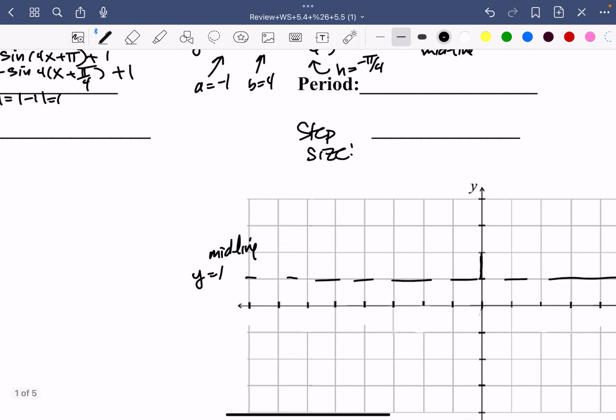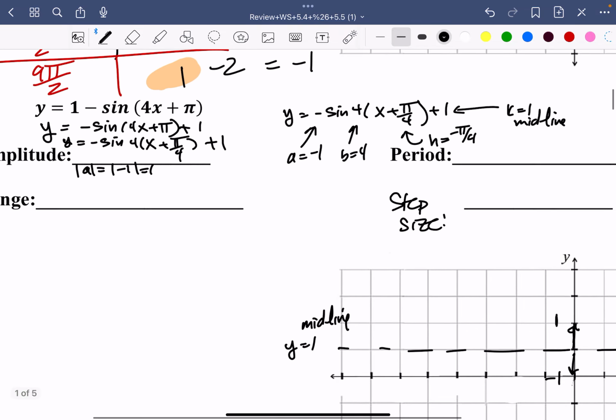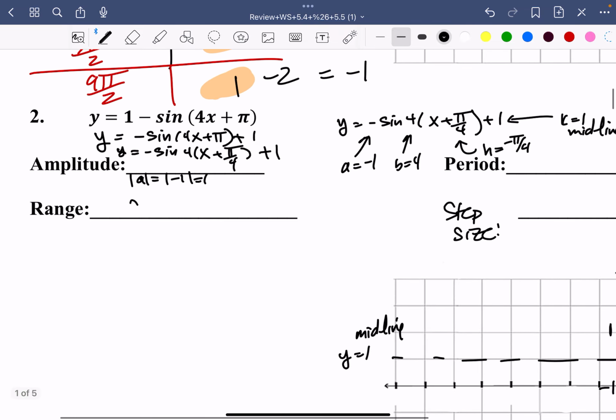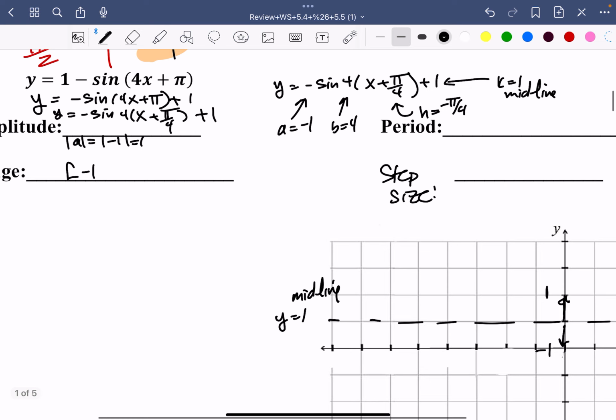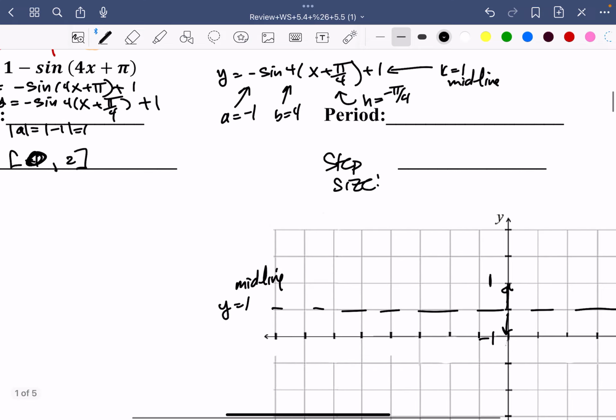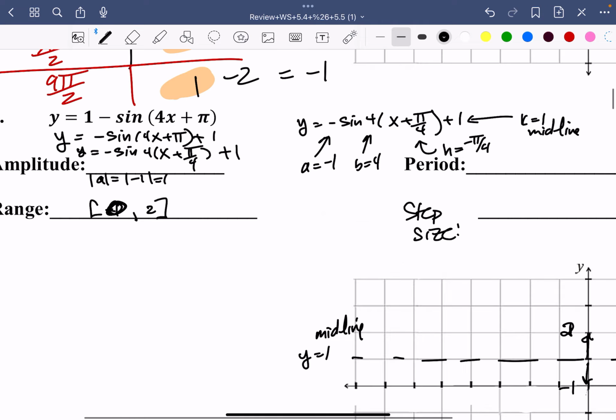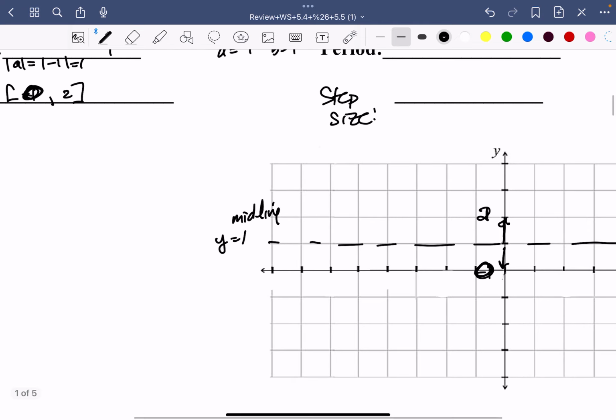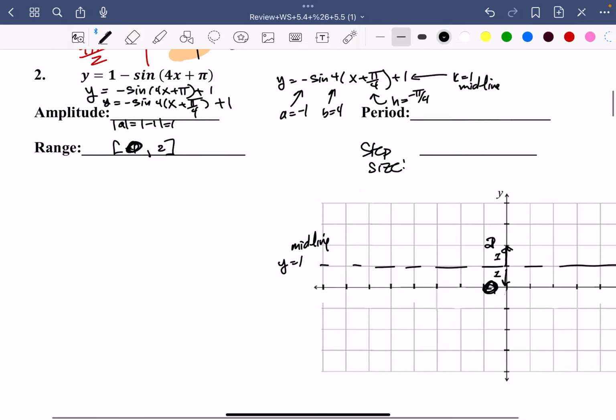So I'm going to go up to a peak of 1 and down to a valley of negative 1. So my range is from 0 to 2, right? Because for a midline at 1, we're going to go up to 2 and down to 0, because I've taken a step of 1 either way. Okay, so 2 and 0.